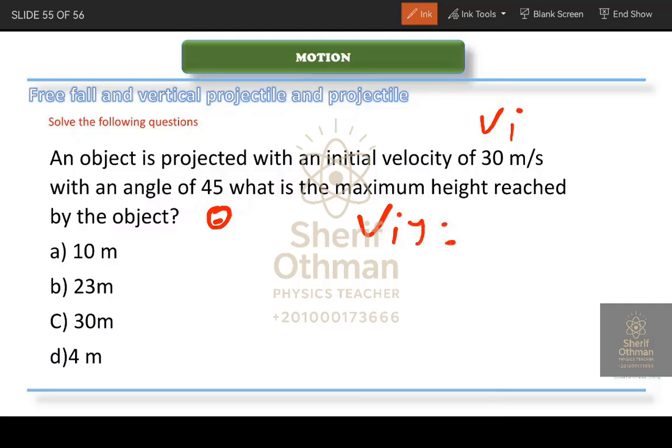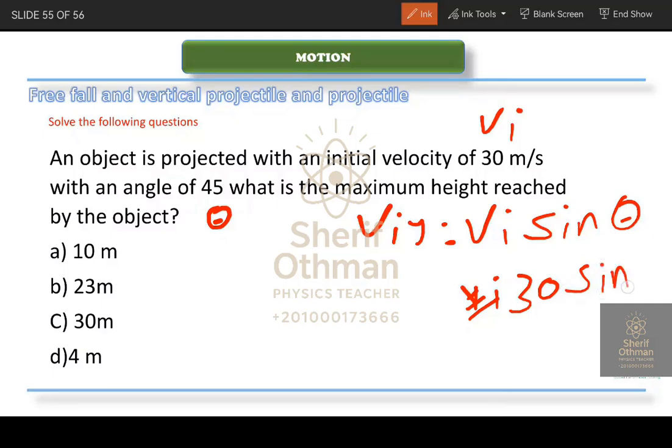Viy is equal to Vi sine theta, so it will be 30 multiplied by sine 45. So Viy will equal 21.21 meters per second.